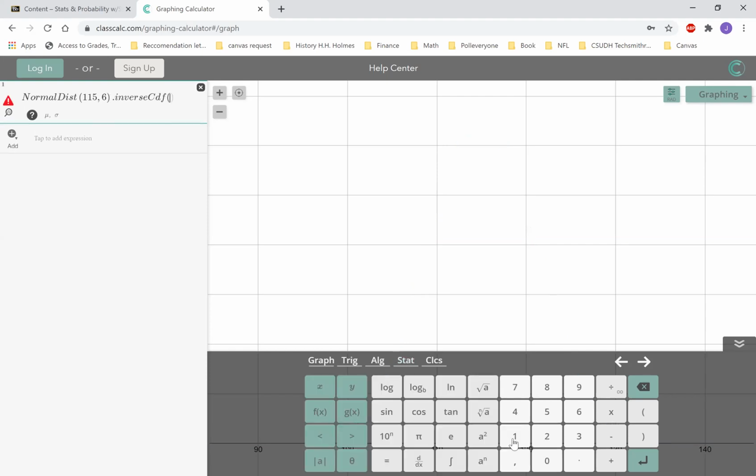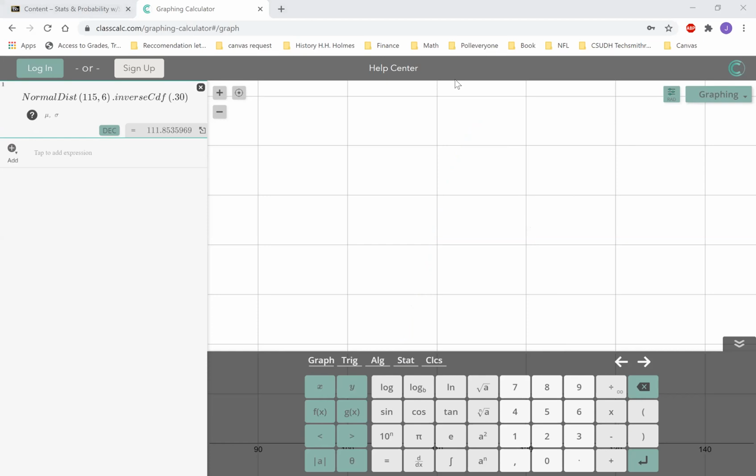So we do inverse CDF, we'll say 0.30, that's what y'all told me. If we do 0.30, we get X is equal to 111.9. You have to keep it to one decimal place.